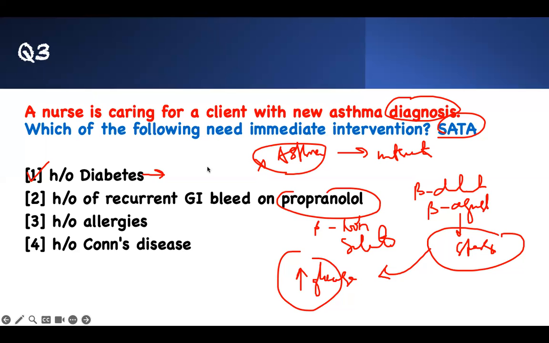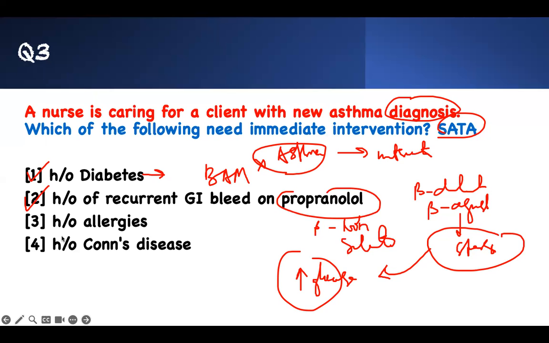In my lecture, if you check my videos online, I have BAM. If you have BAM, you're safe: bisoprolol, atenolol, and metoprolol. Those an asthma patient can take. Propranolol, no, asthma patients cannot take propranolol. So this patient, we have to question. History of allergies, yeah, we can't do anything about it. Most people who have asthma have allergies, so don't worry about it.